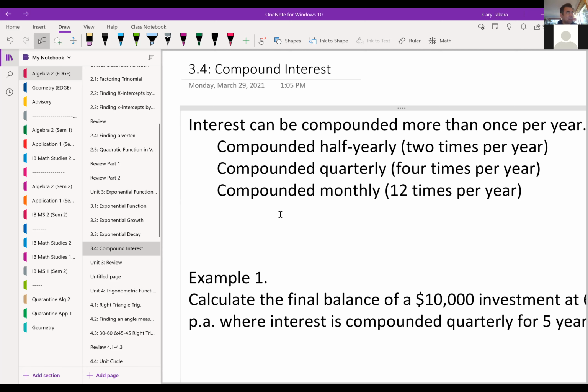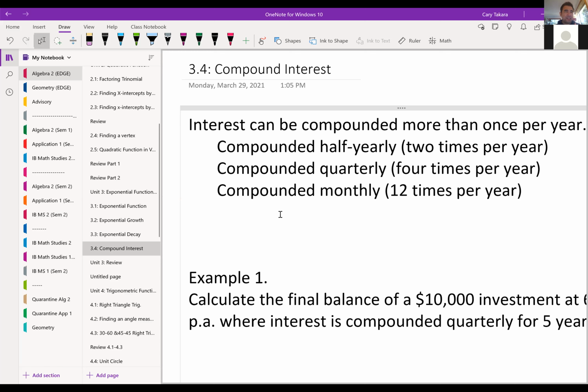But that's not how a bank usually works. Nowadays, you don't get the mail in the bank statement. Usually, it's paperless. But when I was growing up, well, 20 years ago, let's say, we used to get the bank statement every month. In other words, the bank will give you interest every month.